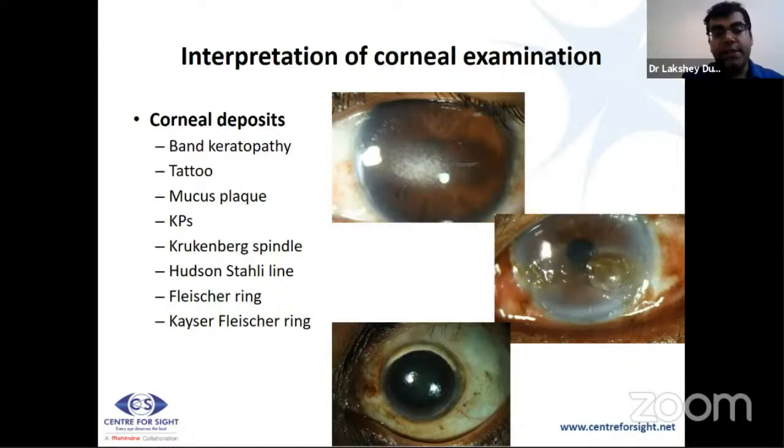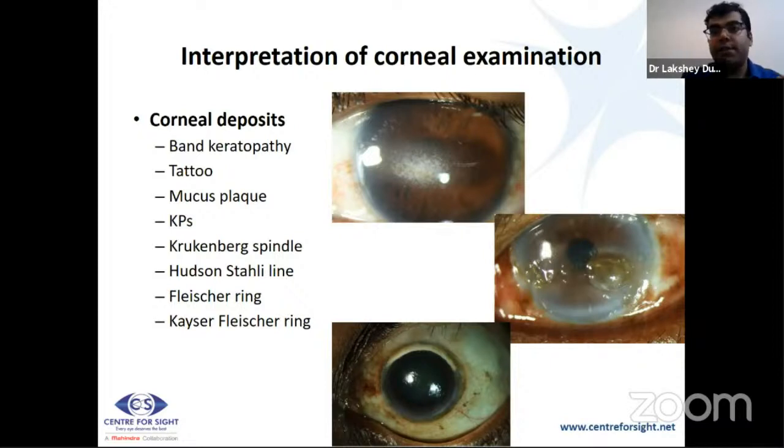Next iron deposit is Hudson's Stähli line, which is at the junction of the middle and lower third of the cornea, usually seen in the elderly. So this is usually an age-related change. Another line is Ferry's line, iron deposits at the junction of a glaucoma surgery bleb.